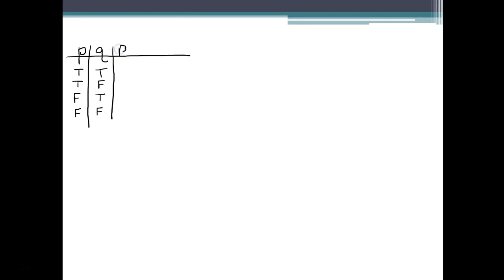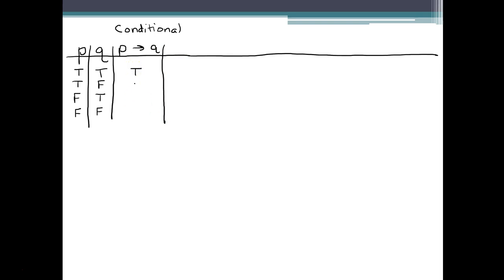Then we have if P then Q. That's the conditional statement. We know that that goes T, F, T, T.